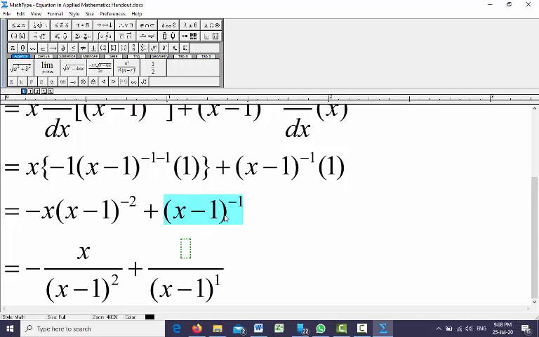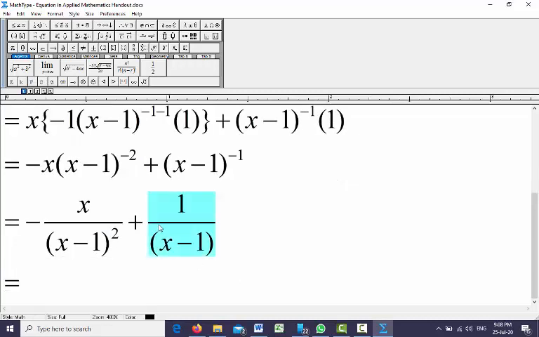This one will go back to the denominator without the minus sign. In the numerator we don't have anything, so we write 1. Power 1, you don't have to write.